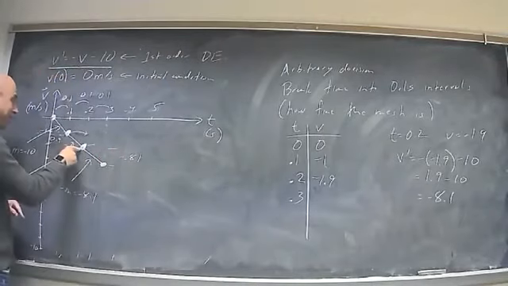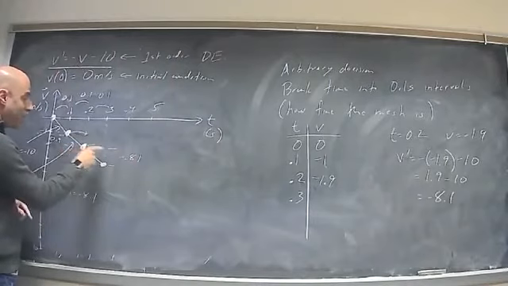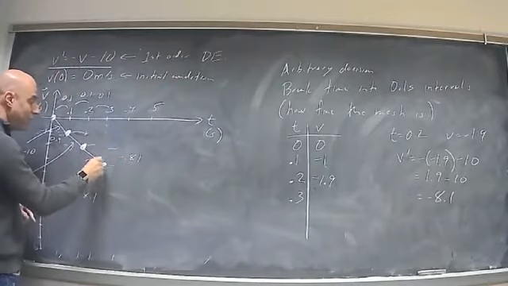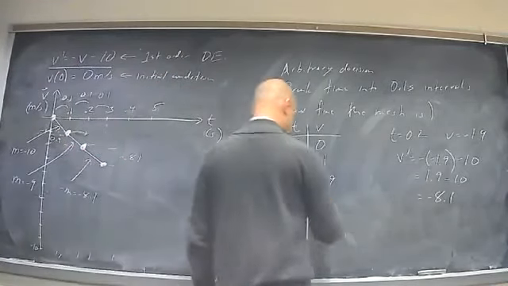And if I start off at height -1.9 and drop by another 0.81, what height am I at? Negative 2.71.